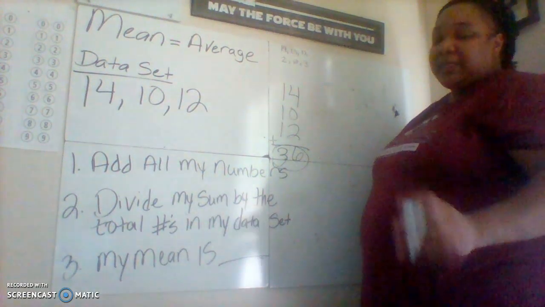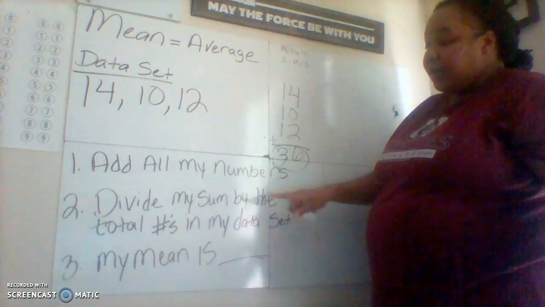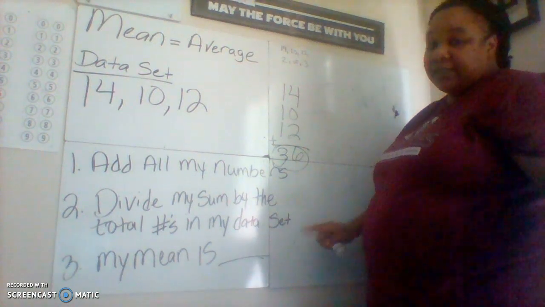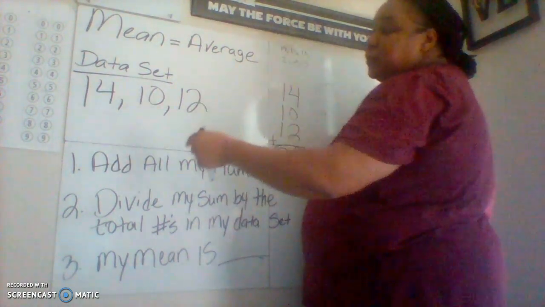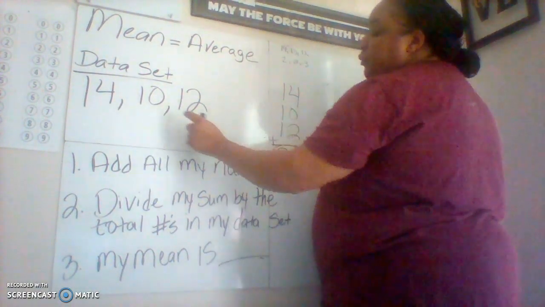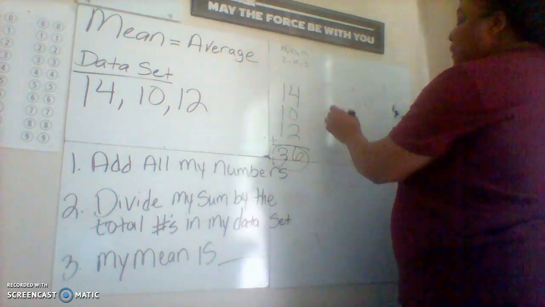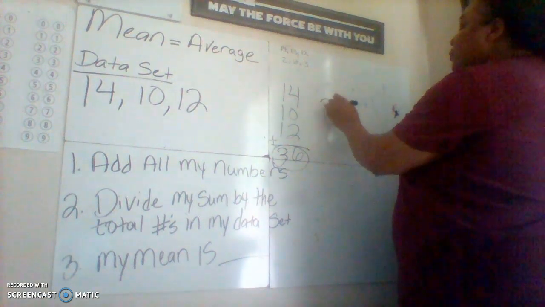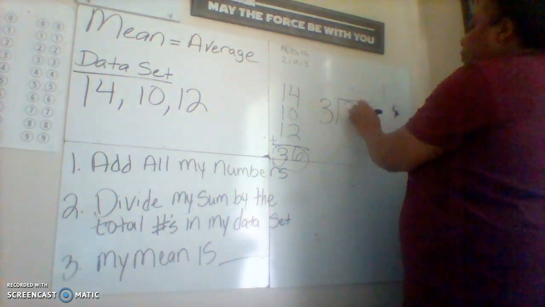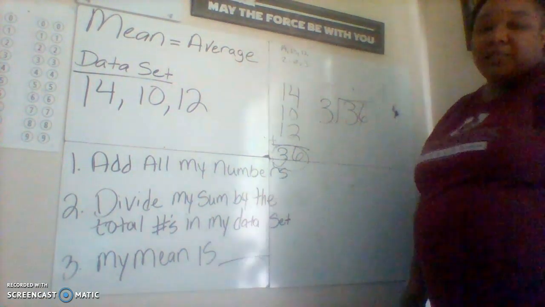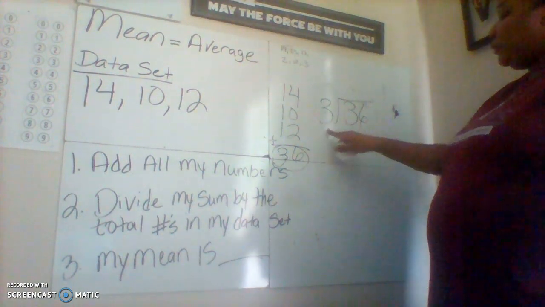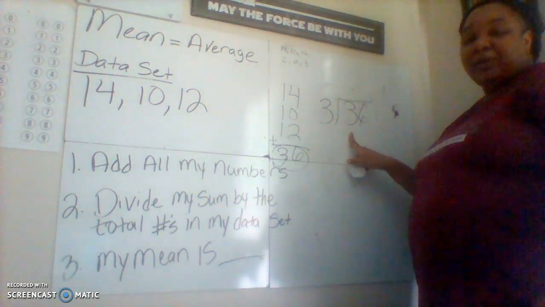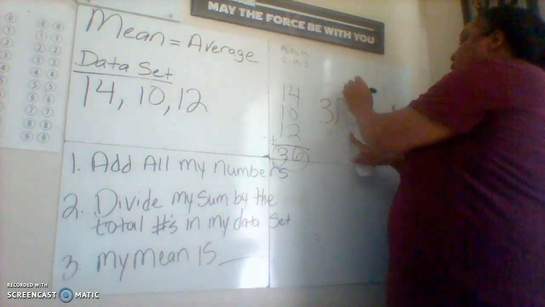Okay? My next step is to divide my sum by the total number in my data set. Okay? How many numbers do I have in my data set? 1, 2, 3. So my sum is going to be divided by the total numbers in my data set. So let's go ahead and do that. 3 into 36. See it? Can 3 go into 3? Yeah. How many times? 1. Because 1 times 3 is 3.